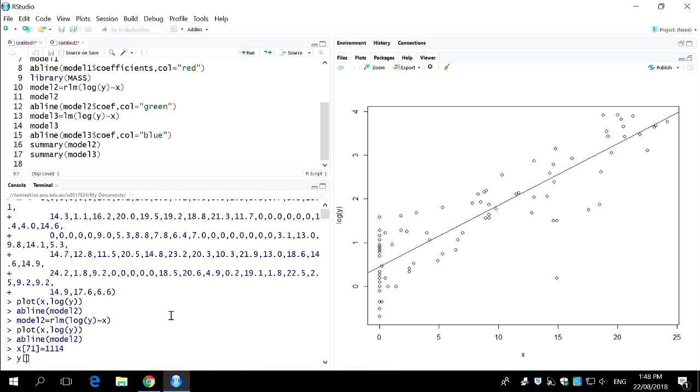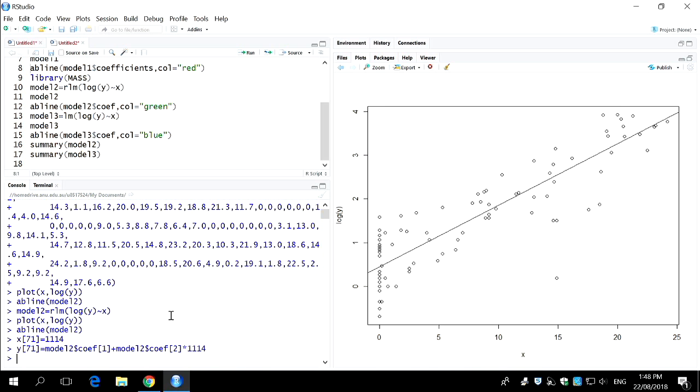But now I'm going to go Y71 equals model $2 coef plus model $1 coef, so get the intercept, plus model $2 coef 2, that's the slope, times 1114.